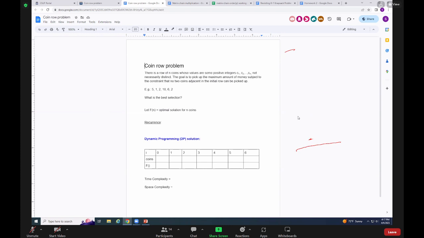You can actually try to solve this without any algorithm, just working with the numbers we have. What do you think the maximum we can get over here? Which numbers are going to give us the maximum? 10 and 2? Right. And it's okay to pick them up because they're not adjacent. So this would have given us 17.